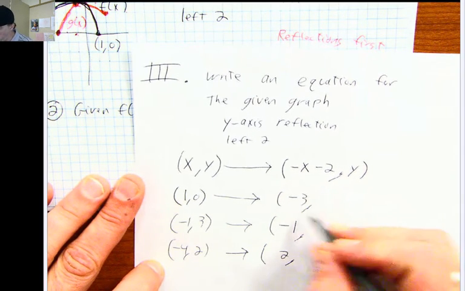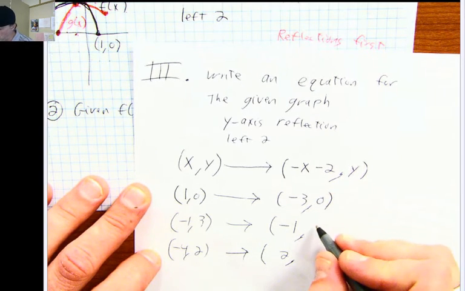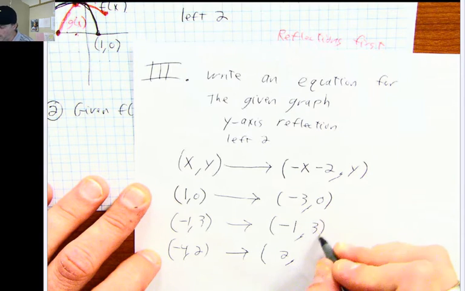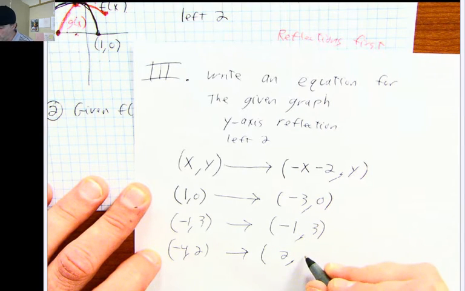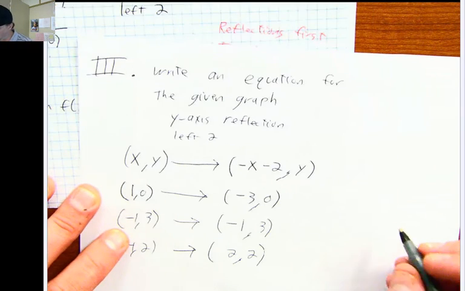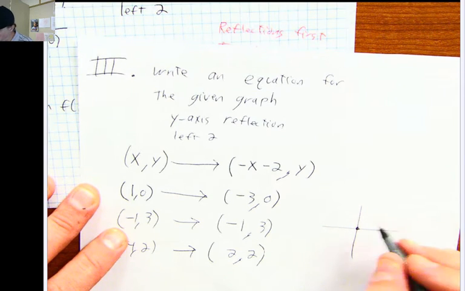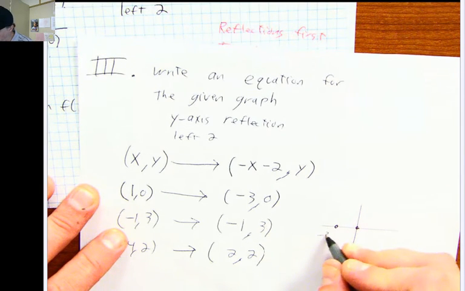And then it says here the y coordinate's going to stay the same. So negative 3, 0. Negative 1, 3. And 2, 2. And then I would just simply graph that, thinking about where 0, 0 is. If 0, 0 is here, negative 3, 0 would be approximately here.